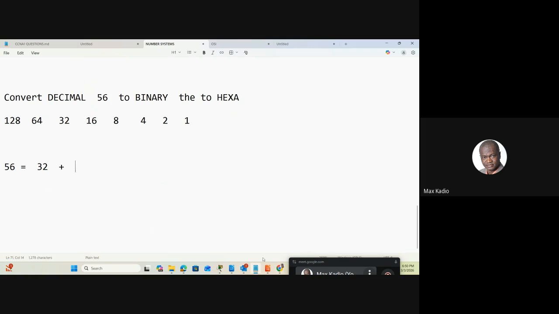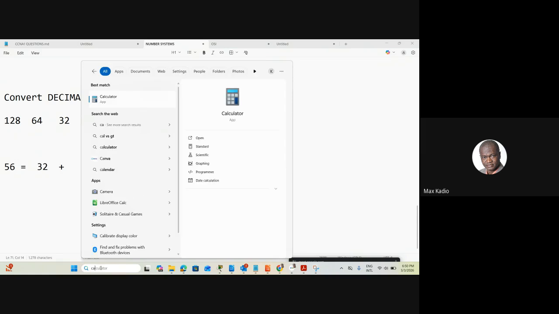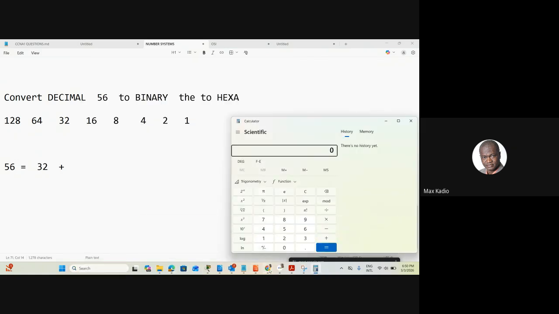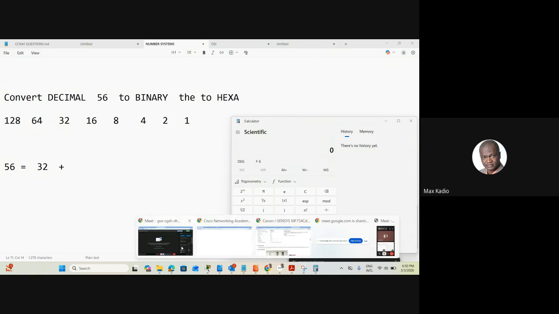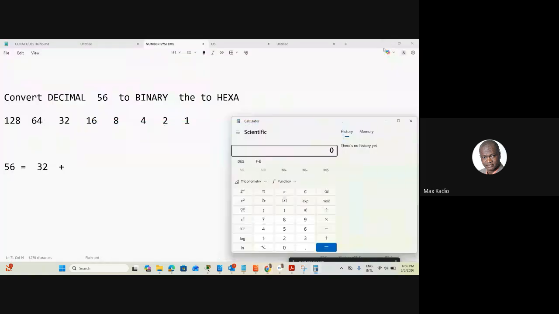Then I take my calculator. I did 56 minus 32.